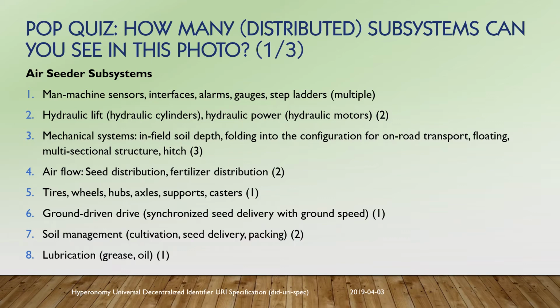Finally, there's a whole lubrication system on the air seeder, conventional grease nipples that have to be filled with grease, and then there's oil that's used for different parts of the hydraulic power in terms of loading the hopper and other things. So this is the first set, and the numbers in brackets is sort of the number of subsystems within each row. So we see quite a few there.